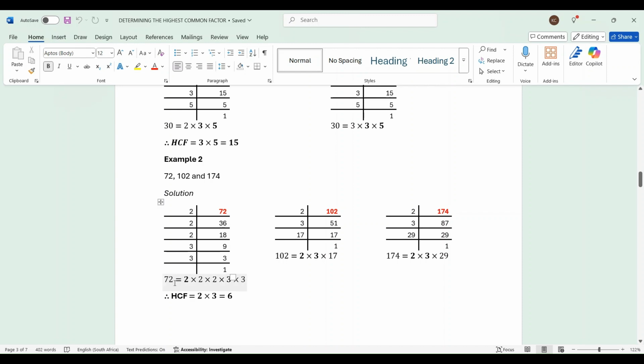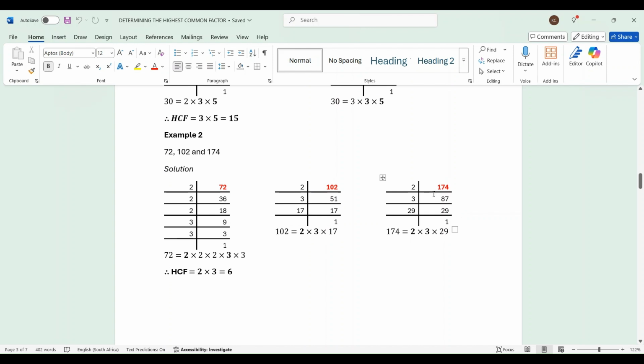Then 72 can be expressed as 2 times 2 times 2 times 3 times 3. Apply the same for 102. Express 102 as a product of its prime factors. We are going to get 2 times 3 times 17. Then we go to 174. We are going to have 2 times 3 times 29 when expressing 174 as a product of its prime factors.